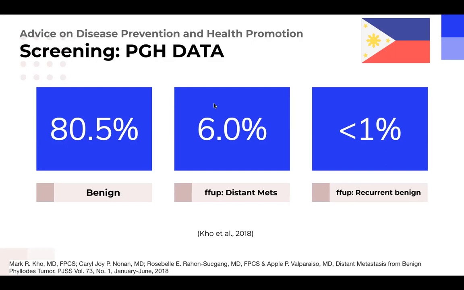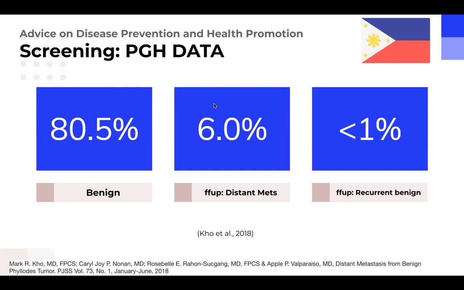One metastasized to the lung, and another one metastasized to the lip, sir. But these were previously diagnosed as benign. You're not sure. I'm not sure, sir, but I think yes.